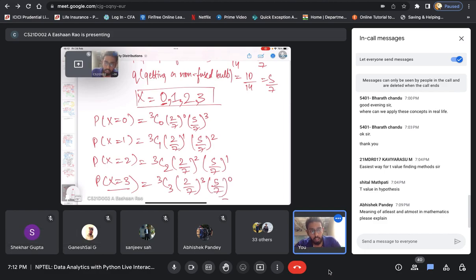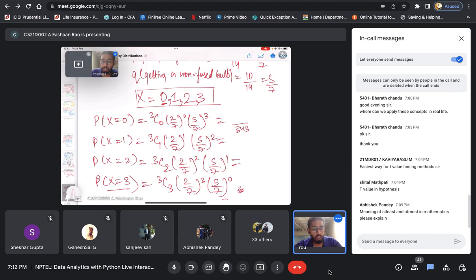Now, if we calculate this value, we'll get certain values. If you want to calculate that, you can do that as an exercise. Otherwise, it will mostly be in terms of 343, with the denominator base of 343.